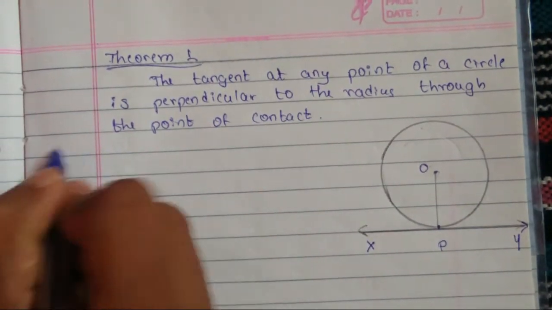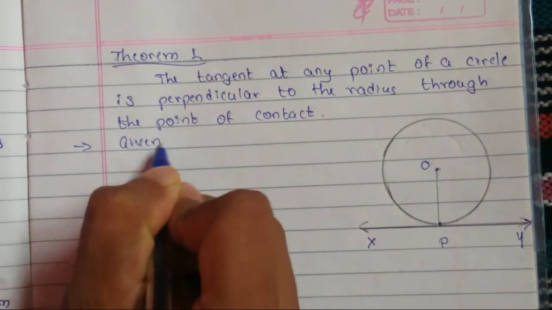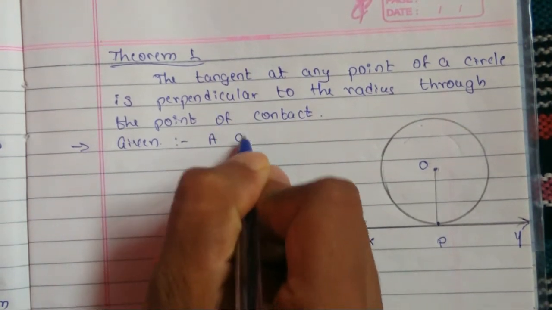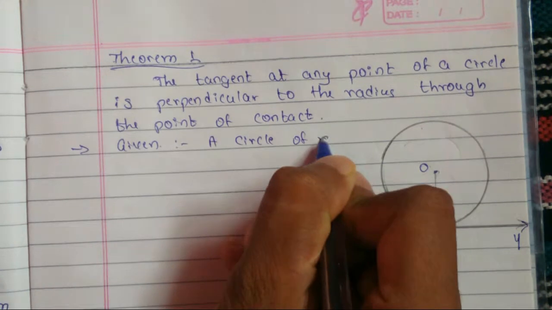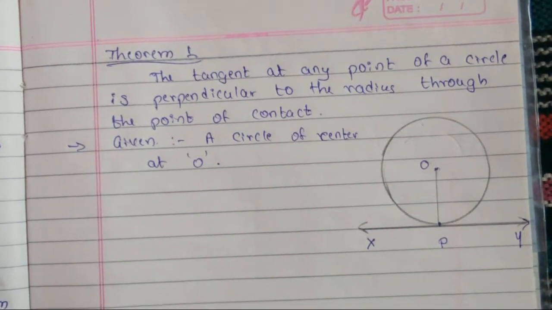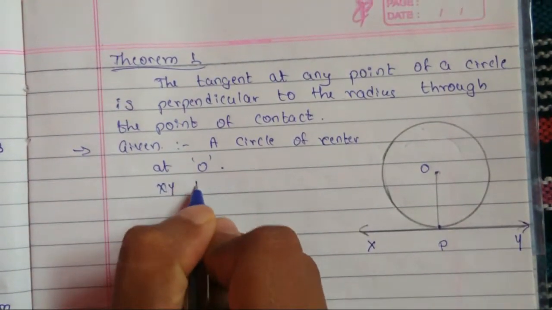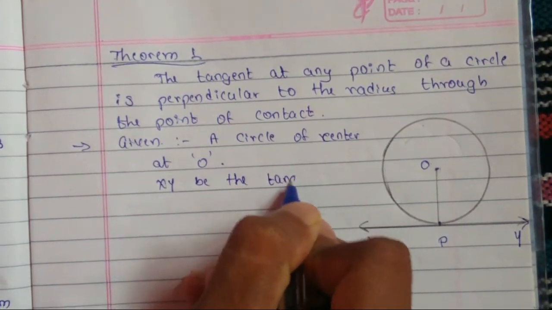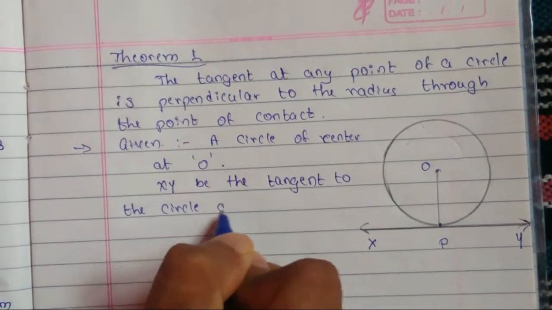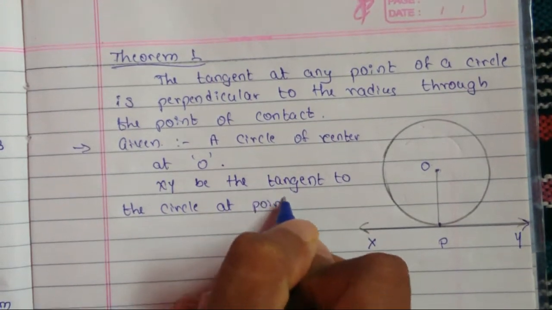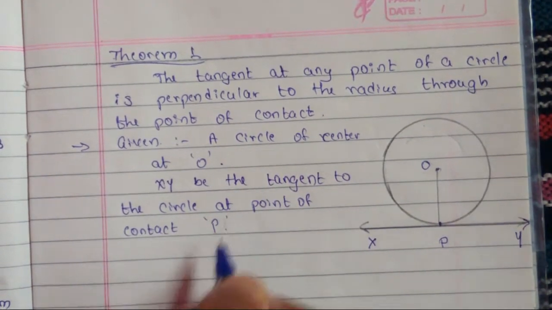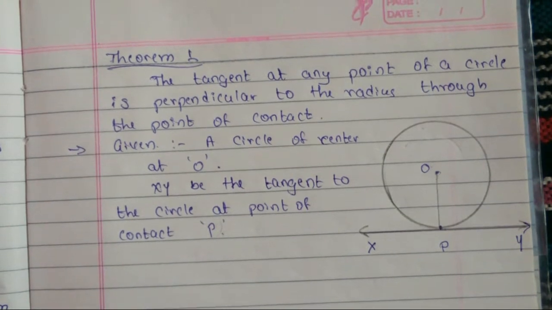First, given: a circle of center at O, XY be the tangent to the circle at point of contact P. So this is a given.